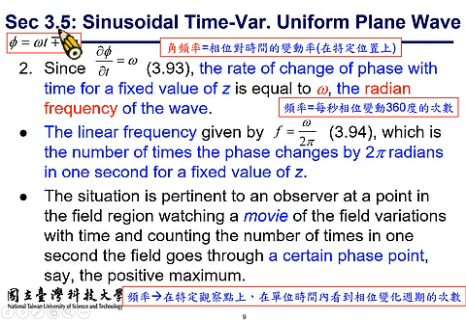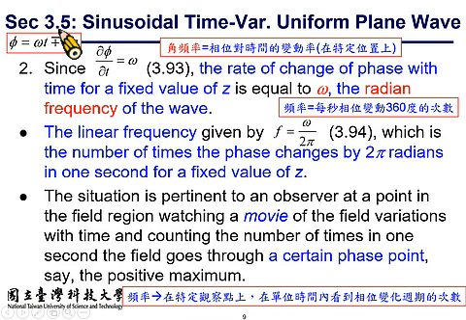And the implication of angular frequency is the rate of change of phase with time for a fixed value of z. So at a fixed observation point, as the time progresses, you calculate the change of phase, and the value is omega, the angular frequency.